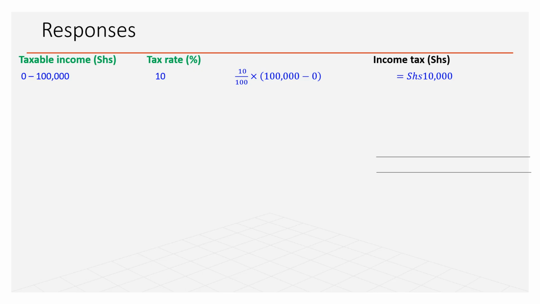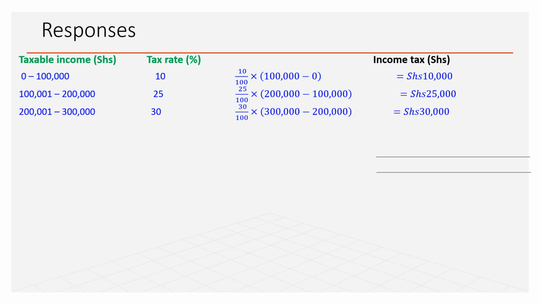So for that range, as we agreed in the first item, we need to take the difference and as per the percentage. The second range, we have that money, that is 25,000. Third, 30,000. Fourth, we have 45,000.